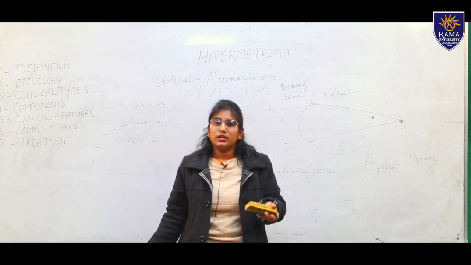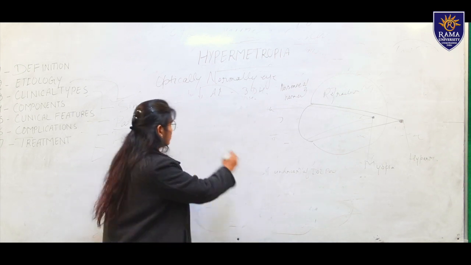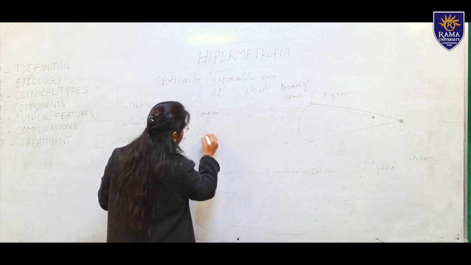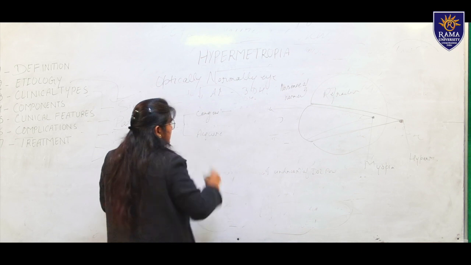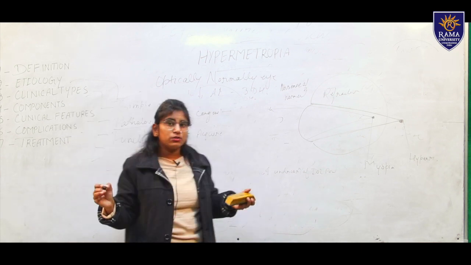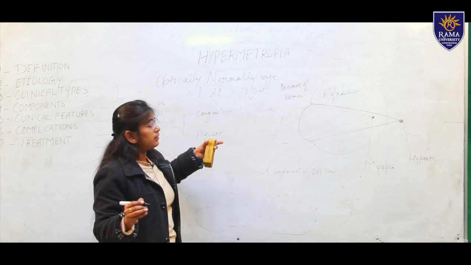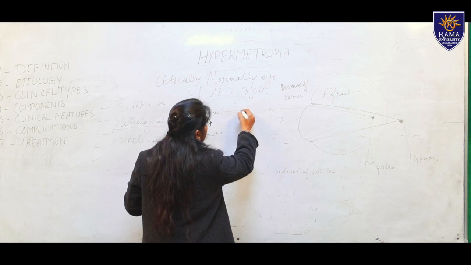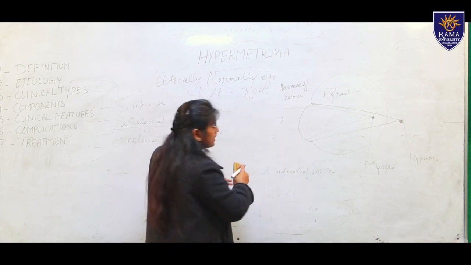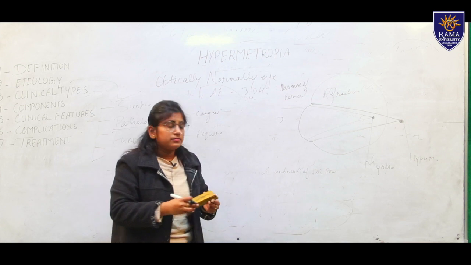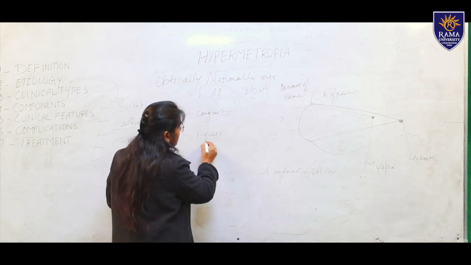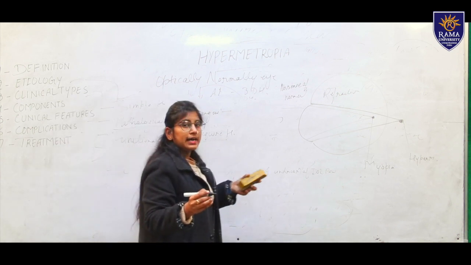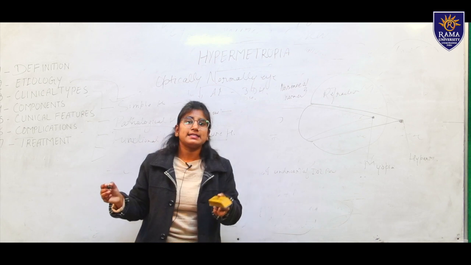Now second one is pathological hypermetropia. It occurs as congenital or acquired. Congenital hypermetropia occurs due to normal biological variations at the time of development, and in cases of congenital absence of lens, congenital subluxation of lens, and microphthalmos. Now acquired hypermetropia occurs due to senile hypermetropia, meaning age related hypermetropia.